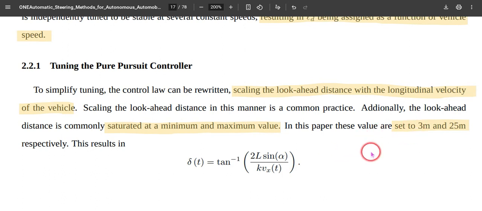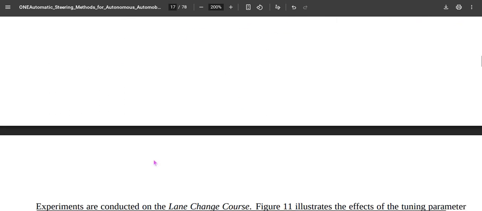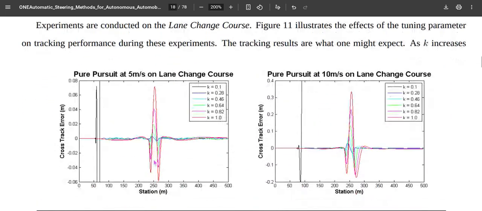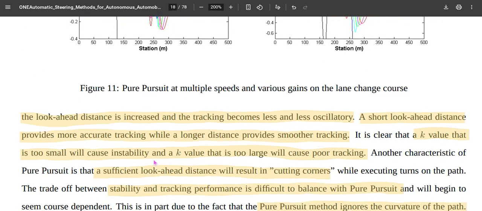So it should be a 3 meter minimum, and the maximum would be a 25 meter value. Putting these things into the simulator for different cases, they observed that pure pursuit seems to be a very stable and robust method, and it seems to be very less oscillatory.